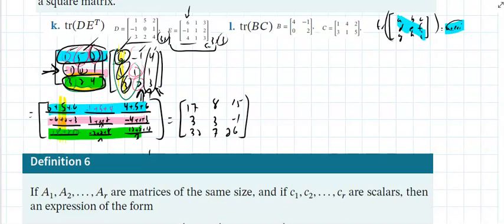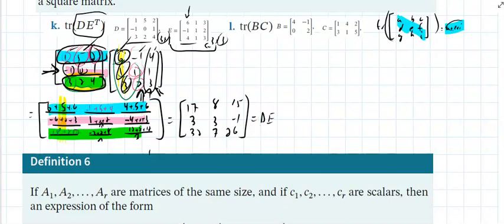But we want to take, I did the transpose, right? Oh yeah, I did. So this is DE. If you want to take the transpose of that, I'm sorry, you know what it is.